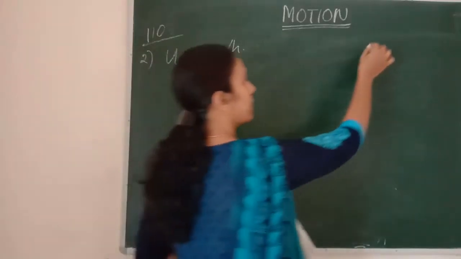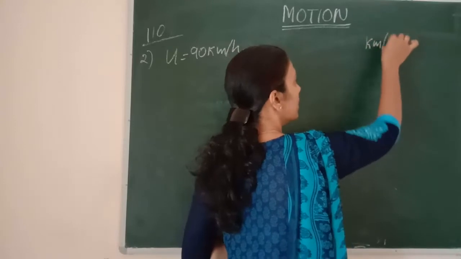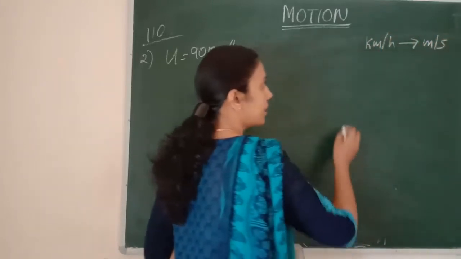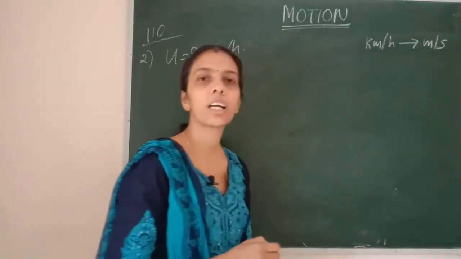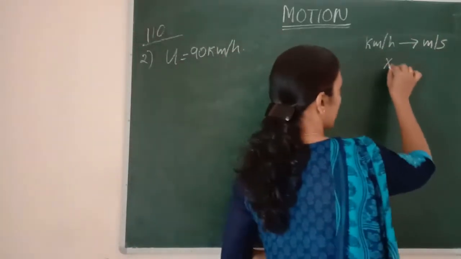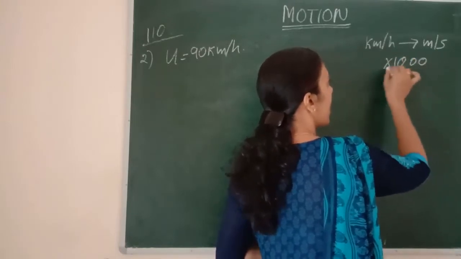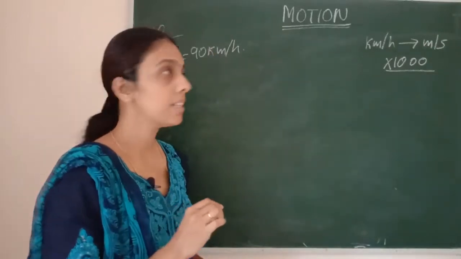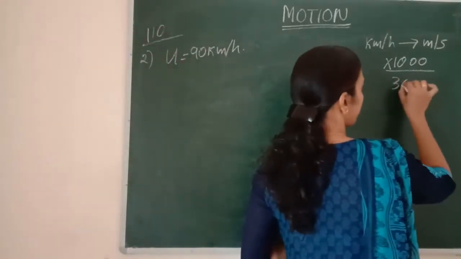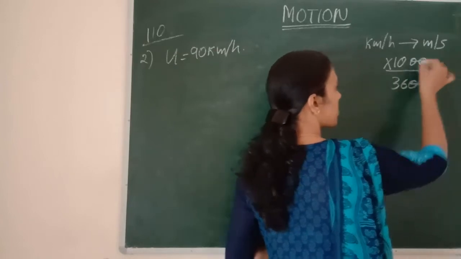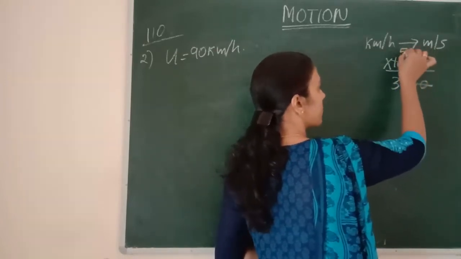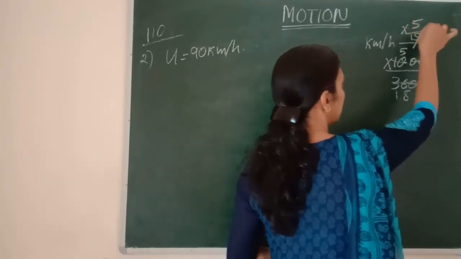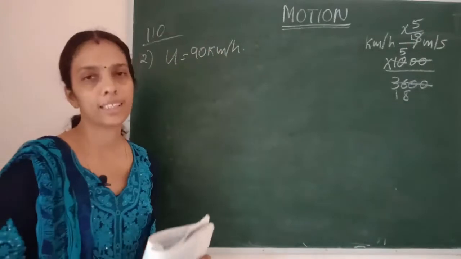To convert kilometer per hour to SI unit, meter per second: kilometer to meter, we multiply by 1000, and hour to second, we divide by 60 into 60, that is 3600. So the 0 will get cancelled, 2 means it's 5 and this is 18. So if we multiply by 5 by 18, we can convert it into meter per second.